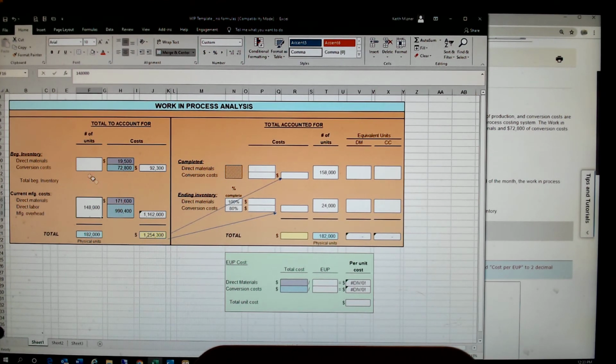So how many did I actually start with? 34,000. I'm just taking the 182 that's got to match this minus the 148. So I started with 34,000 units. Well, step one's done. I've got a handle on the number of physical units. That's step one.